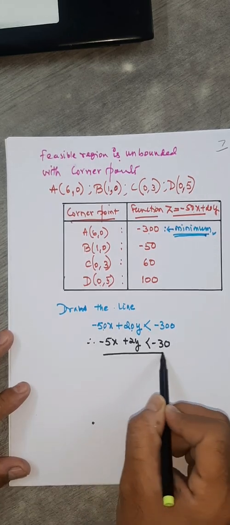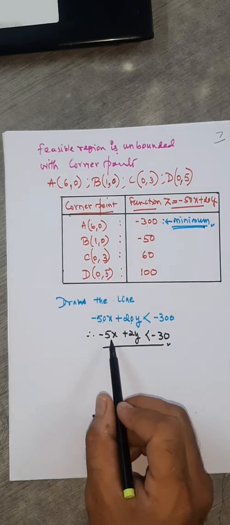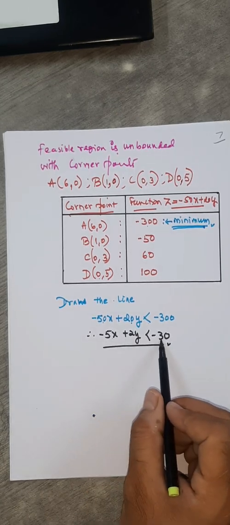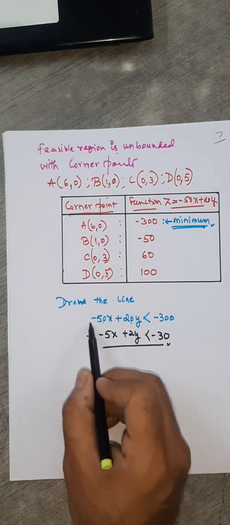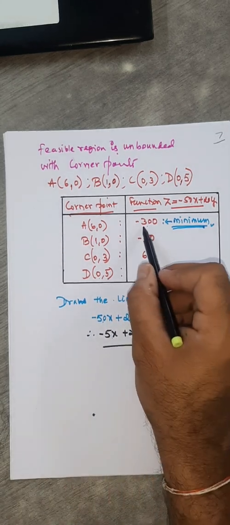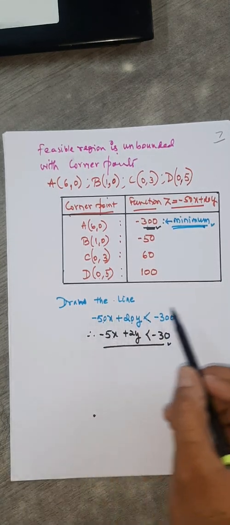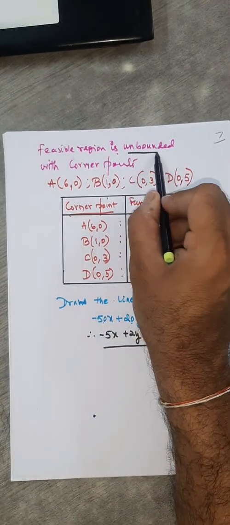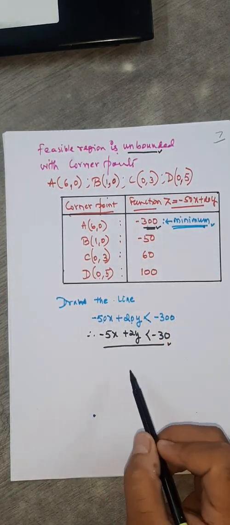Now I'm drawing this line. Where did I write this from? This is the objective function less than the minimum value. Right? There is a theory behind this, but whenever you have an unbounded region, you always need to draw this extra line after doing this.